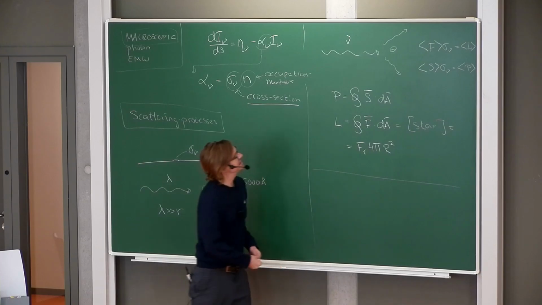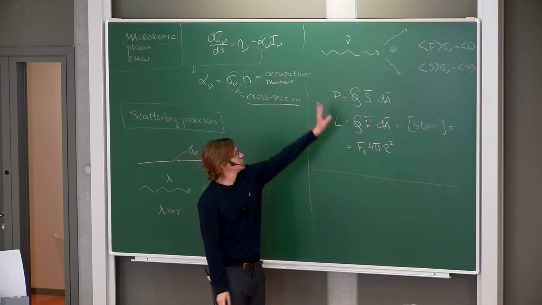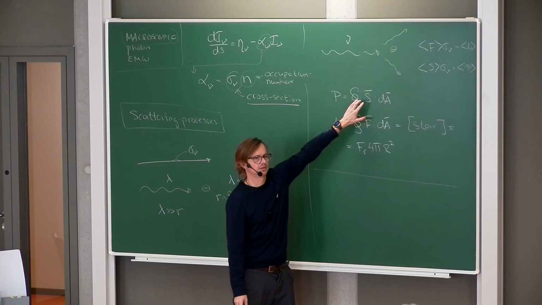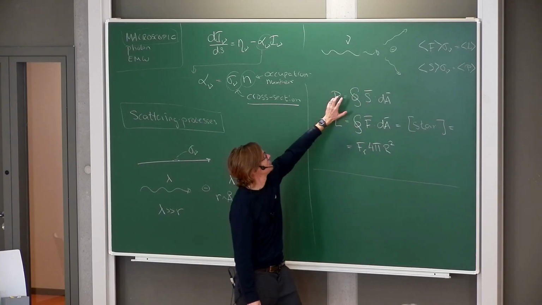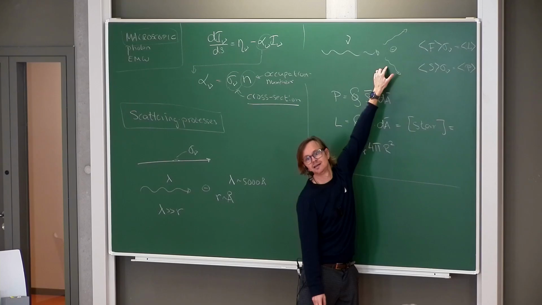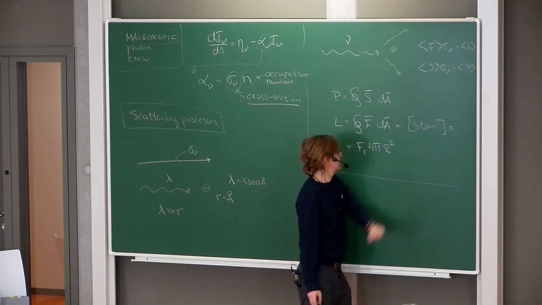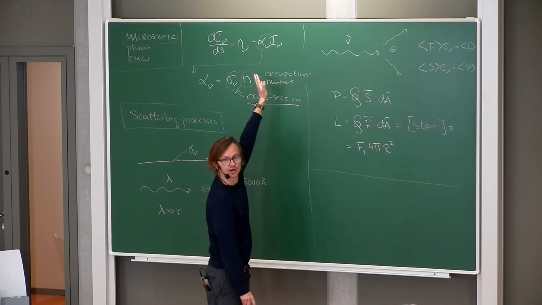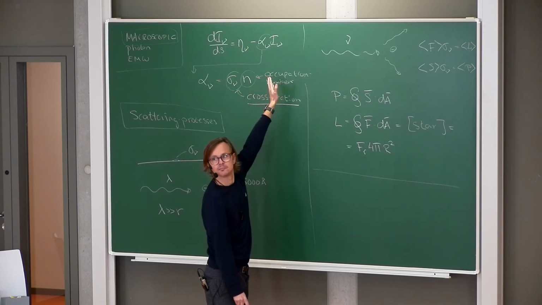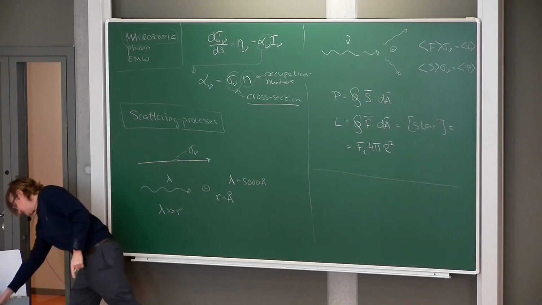What we see here is that we need some expression to get the flux in this description and the power by the emitting particle. With that, we can get the cross sections, which we can then use in our theory of radiative transfer.